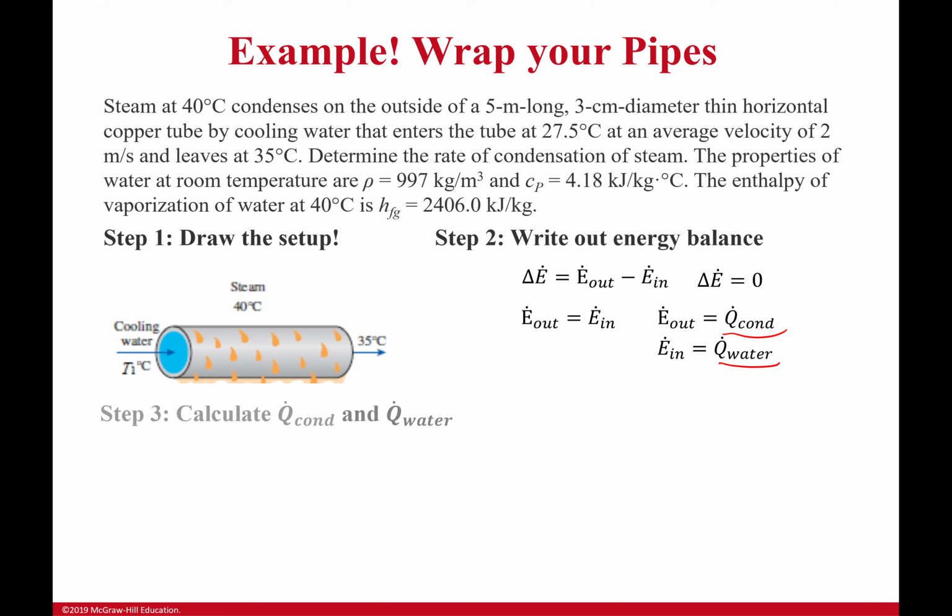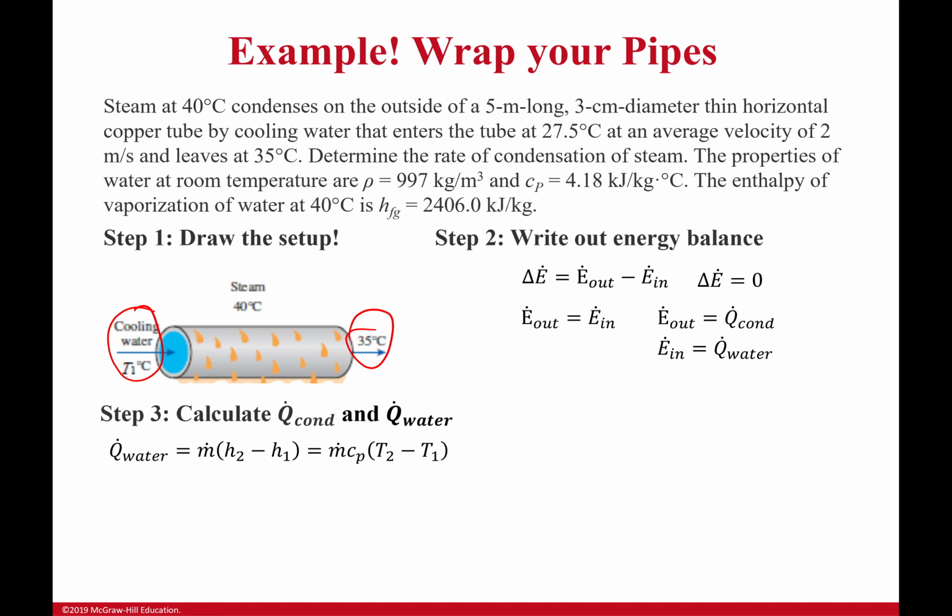Now, how am I going to calculate those? Well, these are always just m times h. Now, if I'm doing a change with time, I'm probably going to have a change in enthalpy, but we'll see that soon. So for water, I have that the water goes in here at one temperature and out here at another. So I have a change in energy with respect to time.